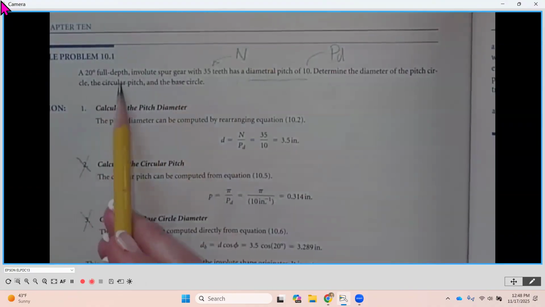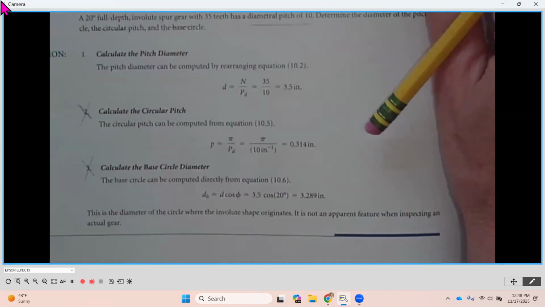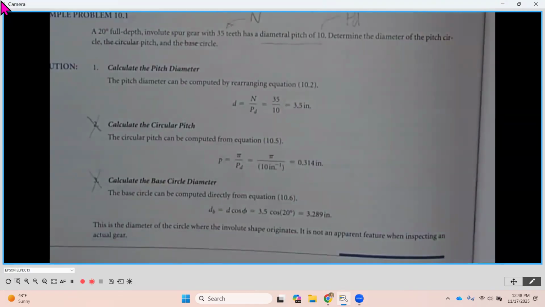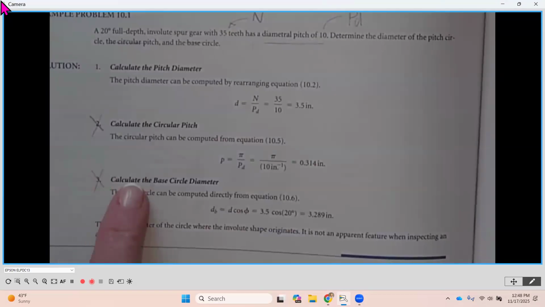Now, we're not going to do the circular pitch and the base circle because you'll never be asked to do that, okay? Years ago, when we would draw manually, maybe in AutoCAD, we had to create all the features and maybe draw the profile. Now the software is more sophisticated and smarter, so we can have the CAD software generate the tooth profiles, which these would be part of that.